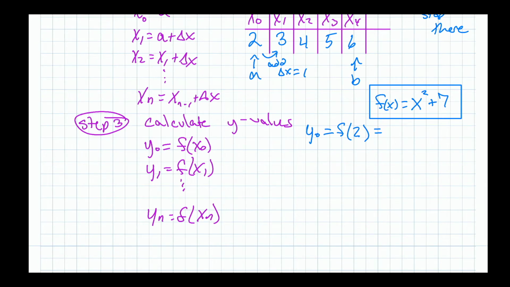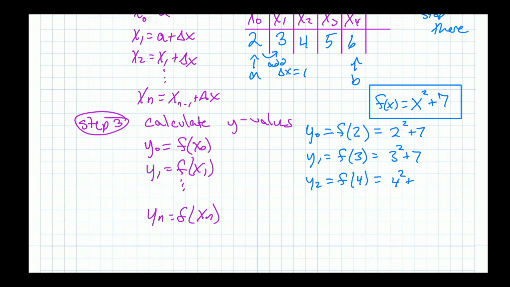So y0 is f of x0, which is f of 2. So that's 2 squared plus 7. And y1 is f of x1, which is 3. So that's 3 squared plus 7. y2 is f of x2, which is 4.